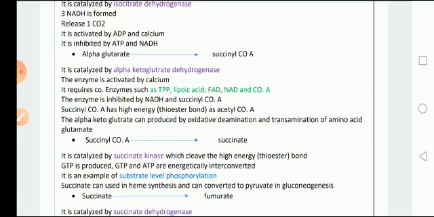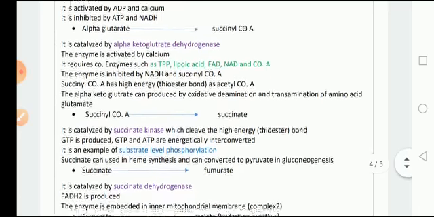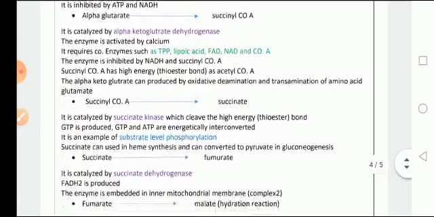Succinyl-CoA inhibits the enzyme because high concentrations of succinyl-CoA would lead to high concentrations of ATP, so we no longer need ATP synthesis. This succinyl-CoA actually contains a high energy thioester bond, the same that's found in the acetyl-CoA.